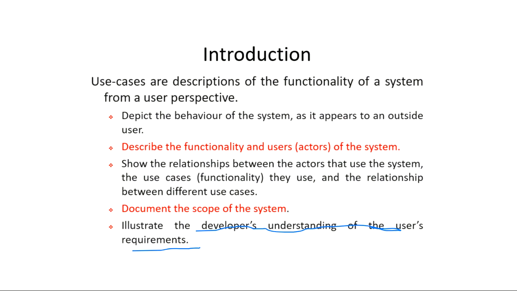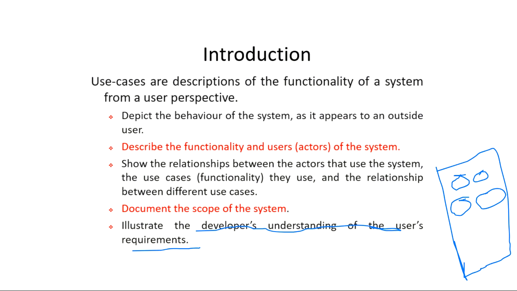For example, you cannot cover all the parts of a mobile phone in one system, right? To cover everything a mobile phone can do, you would have to create a lot of use cases. A mobile phone can send messages, play games, make calls. All these things are there. So you cannot make 20, 30 use cases.